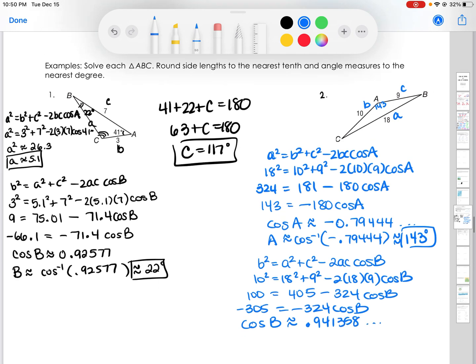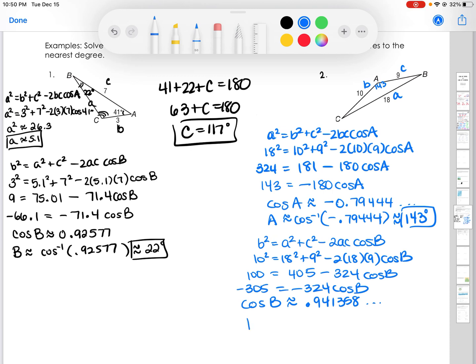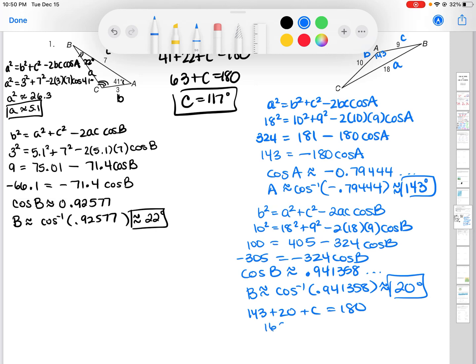So we'll take the cosine inverse of that number, which is going to give us about 20 degrees. And lastly, once I know 2 of my angles, all I have to do is just add them to get 180. So 143 plus 20 plus angle C is going to equal 180. So that's going to give us 163 plus C is 180, which means that the missing angle is 17.